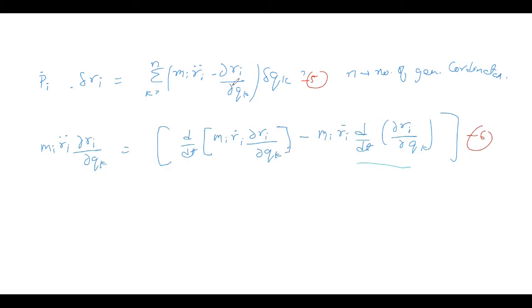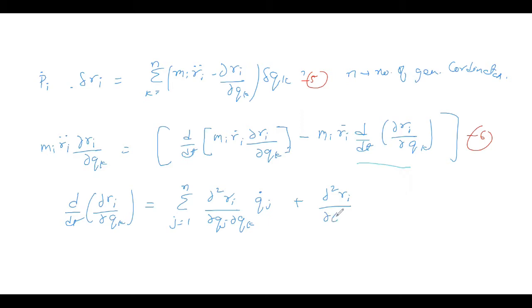What we did is we have derived this part as ddt of delta ri by delta qk, and this comes to a sum over j equal to 1 to n of delta square ri by delta qj delta qk into qj dot, plus delta square ri by delta qk delta t.